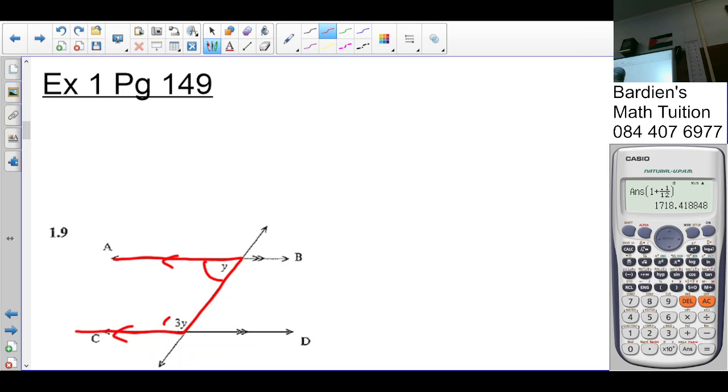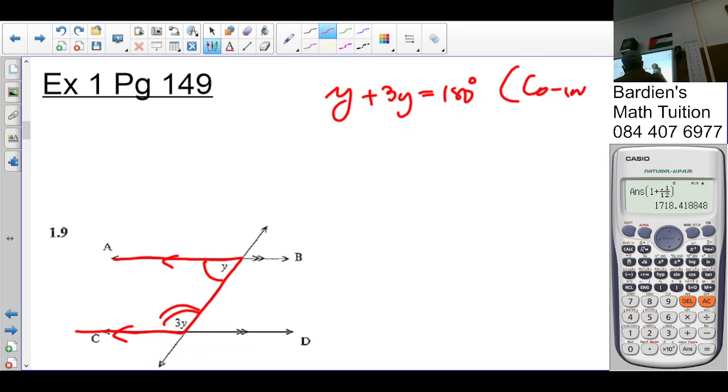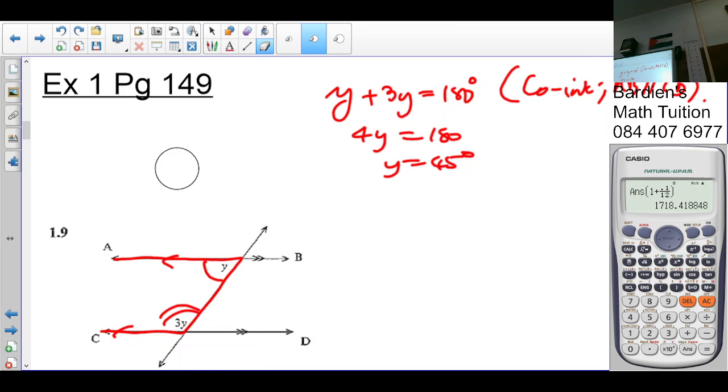So this angle plus that angle adds up to 180. So y plus 3y equals 180, co-interior angles with AB being parallel to CD. So what is y plus 3y? 4y equals 180. y is then? Nice. Okay, some of you are getting it.